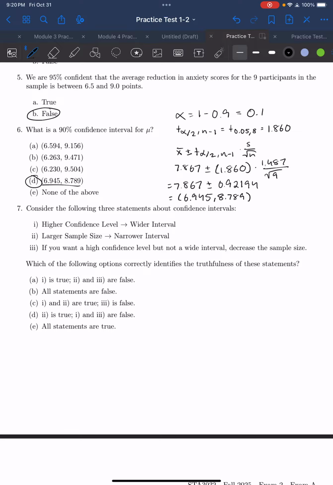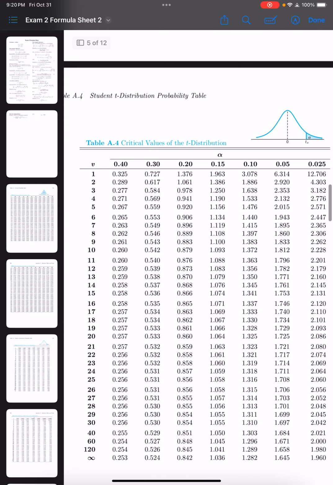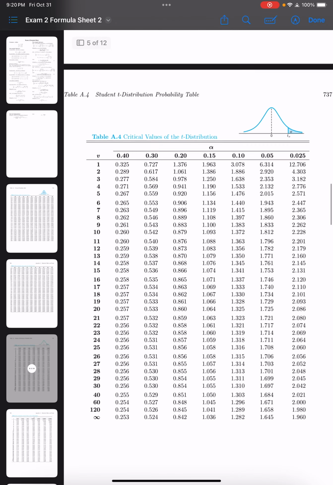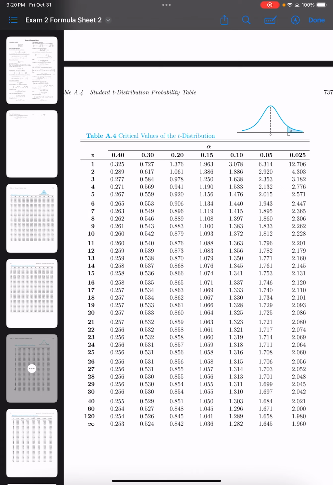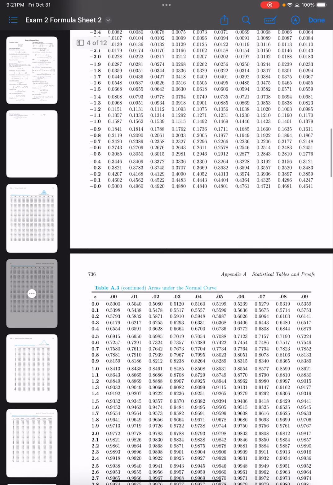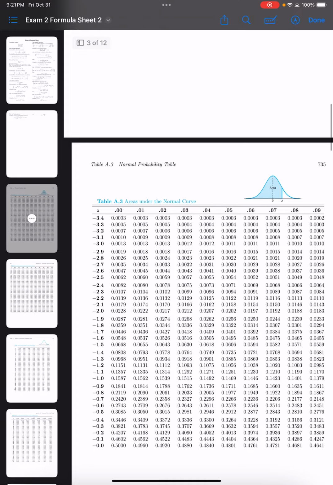So if you look at our tables over here, as our alpha value gets smaller, our t value gets larger, and then we see the same thing for our z values. As our alpha values get smaller, our z value gets larger. This is on the left side, so we can ignore the negative.